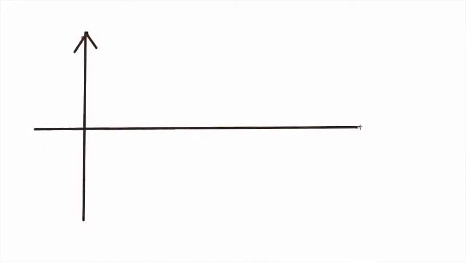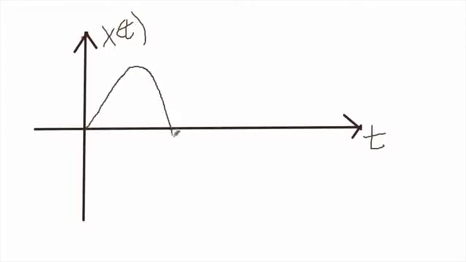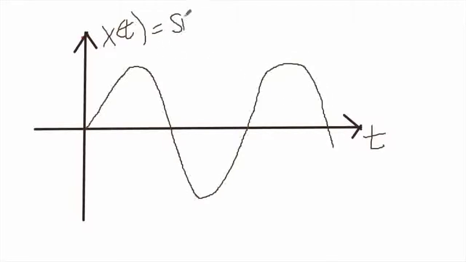Let's say that we had a position function, x of t, and let's say something was moving back and forth like a pendulum. So it went in one direction, then it went in the opposite direction, and then up like this. The position is given by the sine function. Remember that from trig?